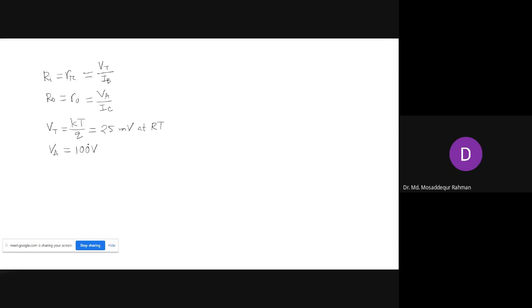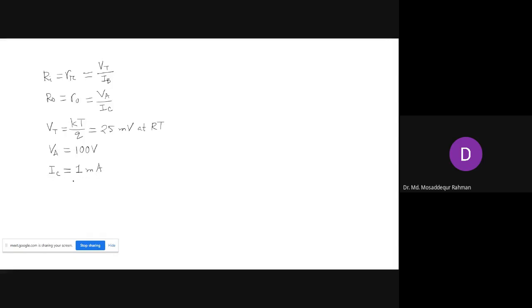Now, if these values are fixed, then obviously the values of the input and the output resistance will depend on the bias currents Ib and Ic. As they're related, let's assume a value for the Ic. Ic usually will be in the milliampere range in most cases. So we assume a typical value of 1 milliampere, a convenient value to simplify our calculation.